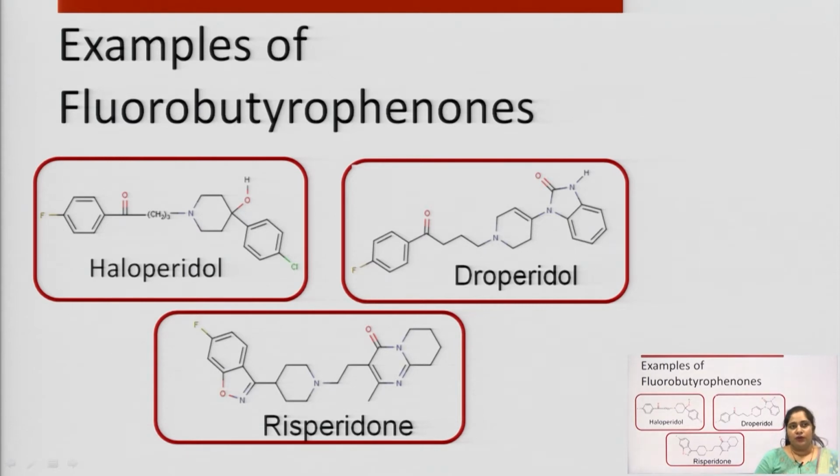We have three examples here: haloperidol, one of the most important drugs used as an antipsychotic agent, droperidol and risperidone.